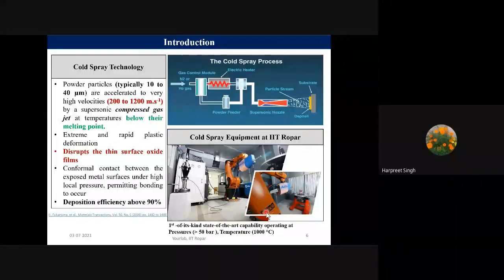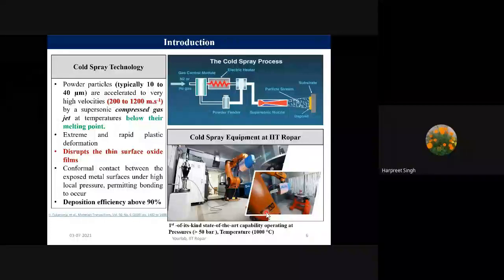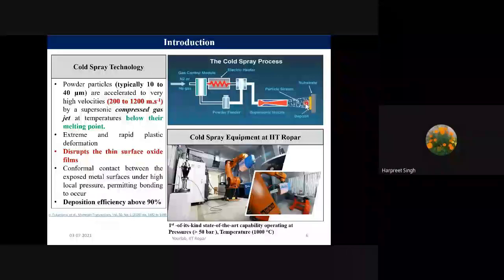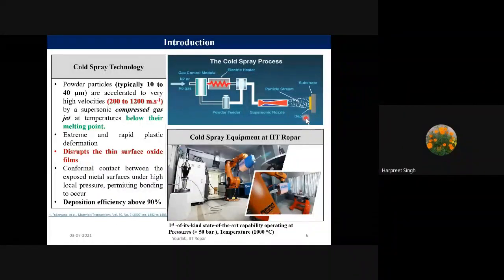Now, when we have such a high pressure, we can use it for additive manufacturing also, because what is additive manufacturing? Basically, if I keep on increasing the thickness of this layer, I can produce very thick components, right?